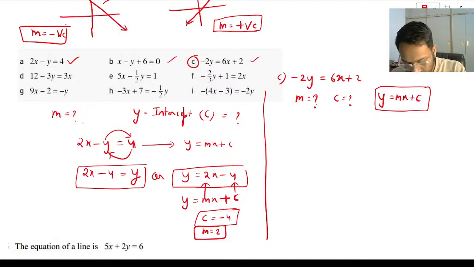Anyone who has answered, I hope you're solving. Just waiting for your replies. Okay. So c is minus 2y is equal to 6x plus 2. You need to find m here and c here. Directly you cannot get the value of m and c. You need to reshuffle, rearrange to get the answers. Right? So let's see if you have done or not.